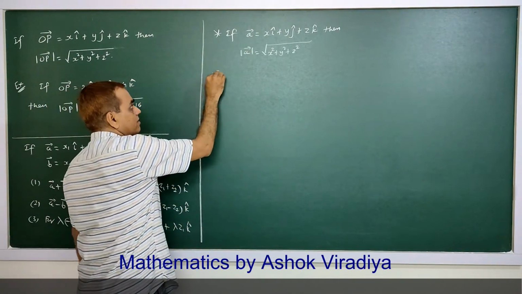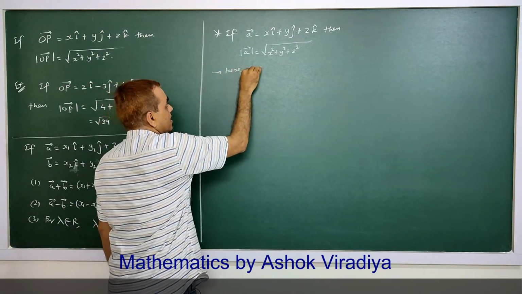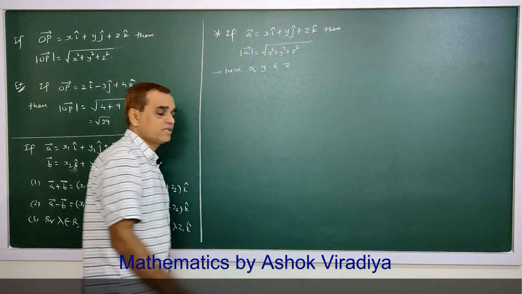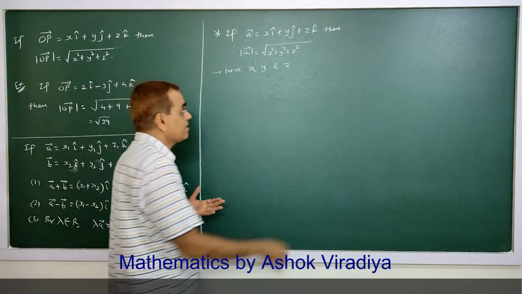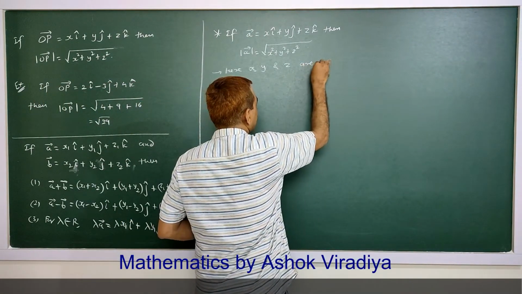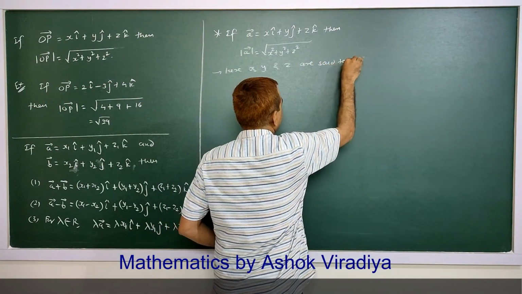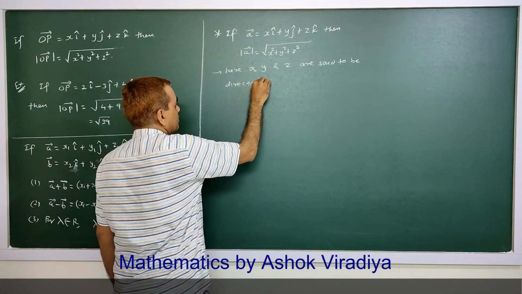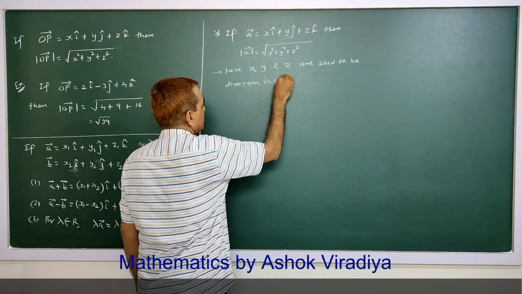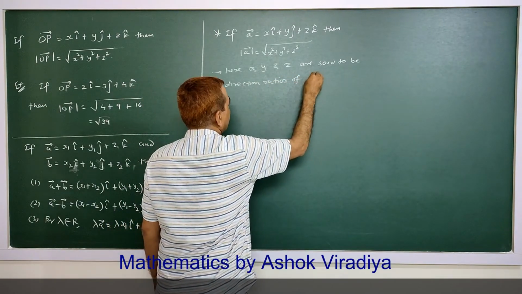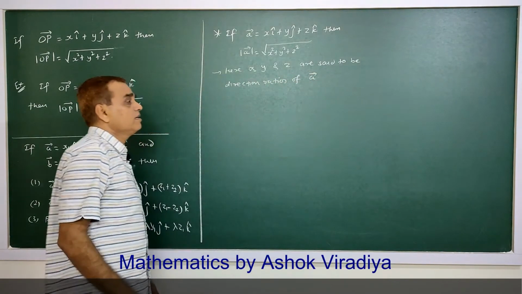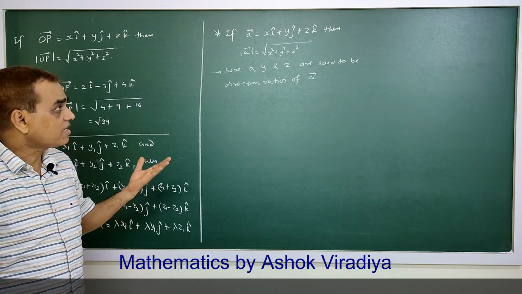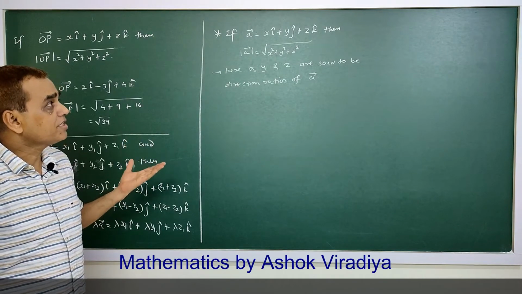And here these scalar components x, y and z are said to be direction ratios of vector A.